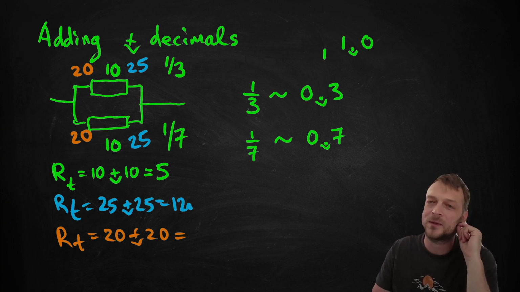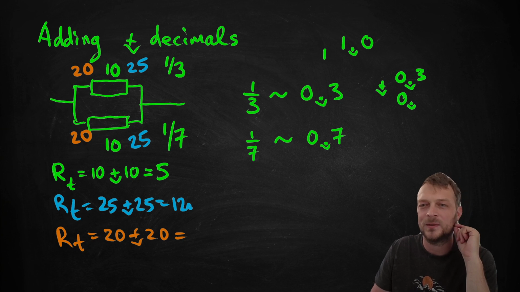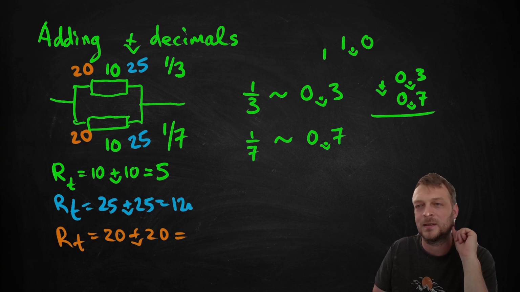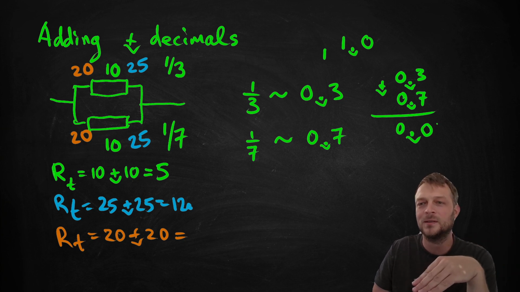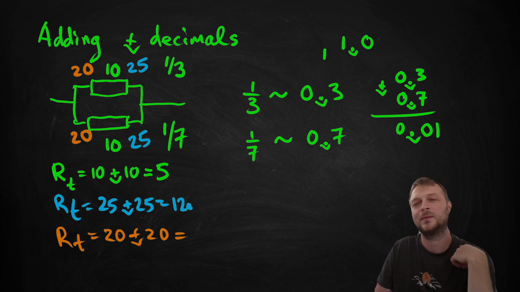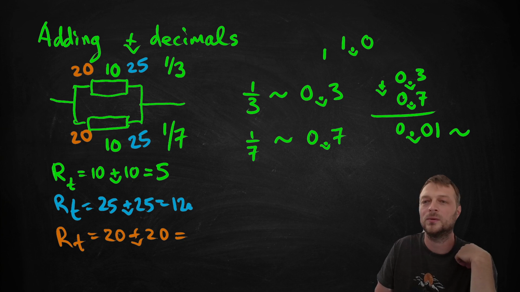So let's sum these two. 0.3 plus 0.7. 0 plus 0, 0. 7 plus 3 is 10. Carry over to the left, so it's 0, 1. So this is equivalent to, so this is ones, these are 1/10.